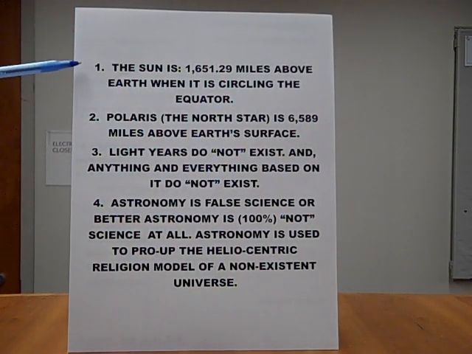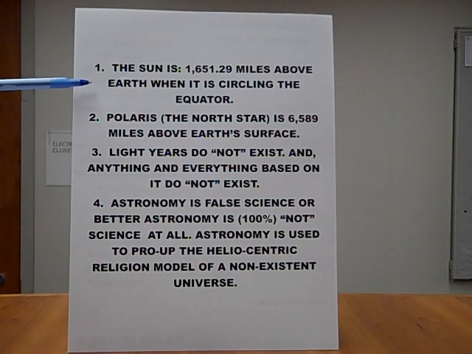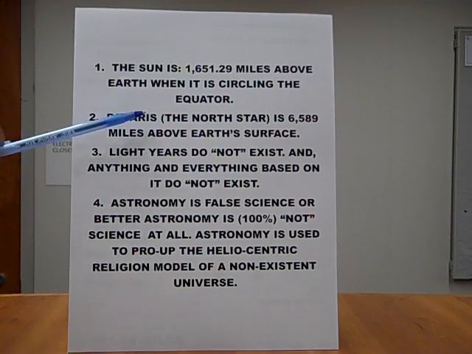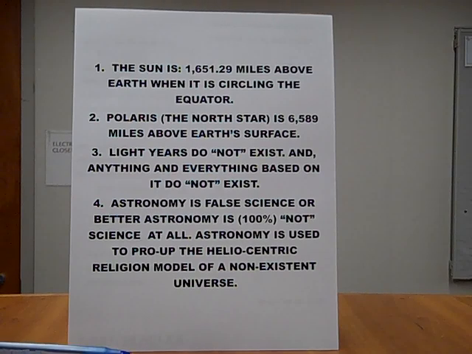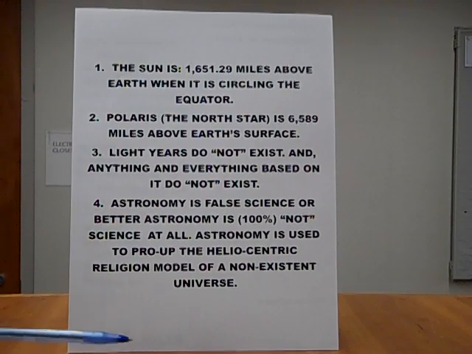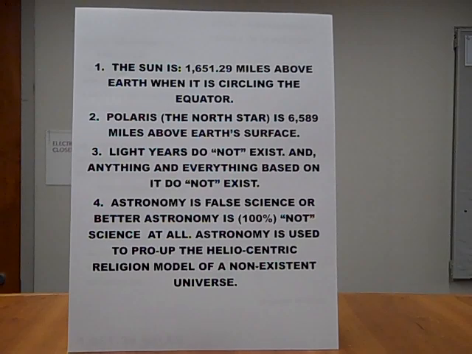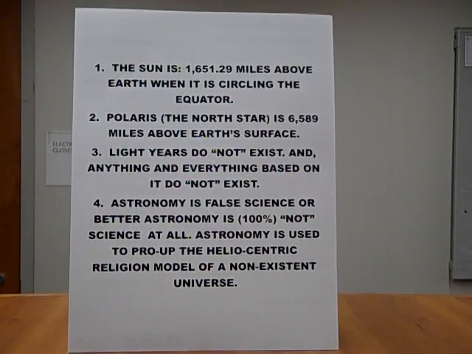Now, number one, the sun is 1,651.29 miles above the Earth when it is circling the equator. Number two, Polaris, the North Star, is 6,589 miles above Earth's surface. Number three, light years do not exist, and anything and everything based on it do not exist.